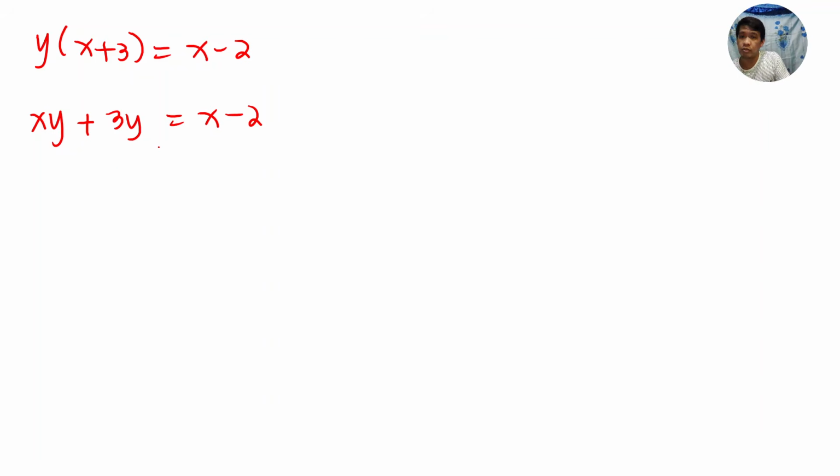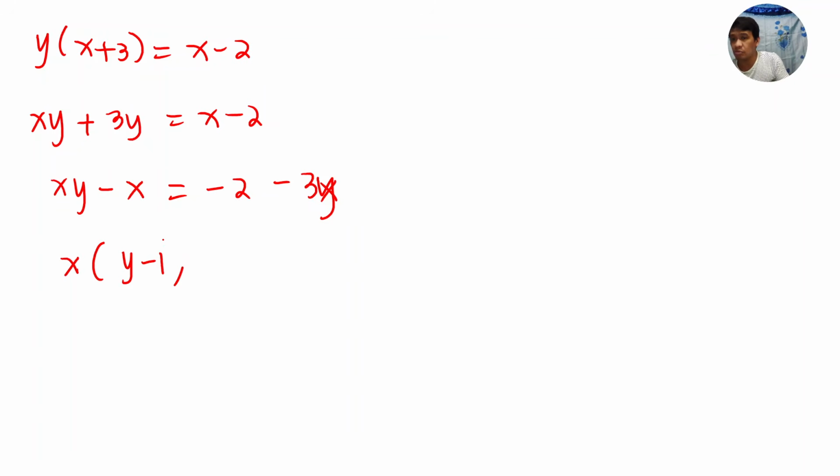Then we transpose the x on the left side. So we have xy minus x is equal to negative 2 minus 3y. We transpose the 3y on the right side. Since x is common, I can factor that out: x times y minus 1 is equal to negative 2 minus 3y.